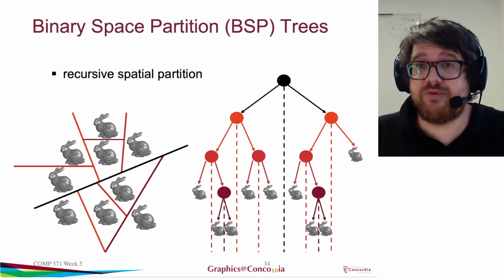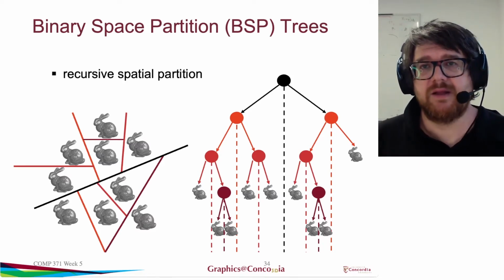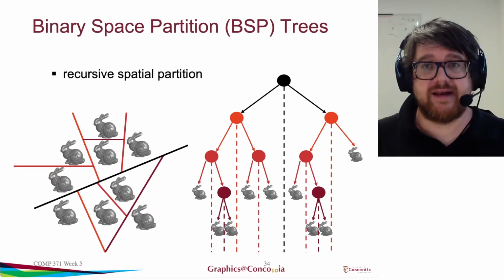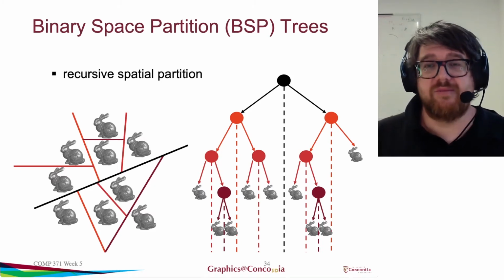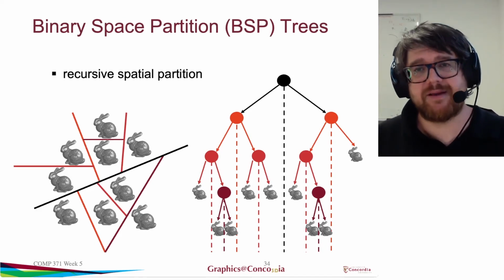Unfortunately, BSP trees are expensive to compute optimally, and they only work if the scene is static. And now, as you know, most of our scenes are not static at all. So in practice, they are used basically only for the static part of the scene.